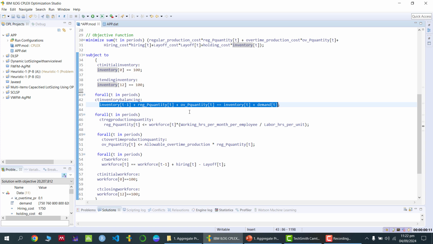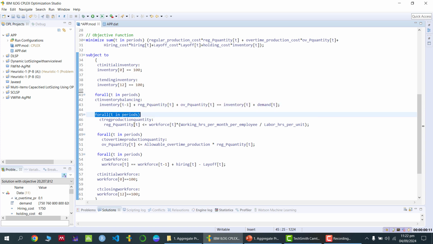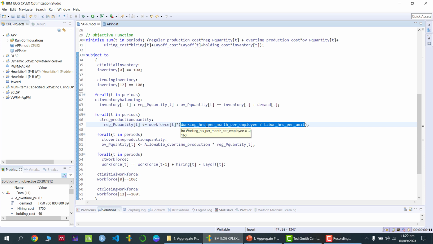Next we have to apply the regular time production capacity constraint. For all time periods T, the regular time production quantity must be less than or equal to the workforce we have in time period T, which indicates the number of workers, multiplied by the number of units each worker can produce per month.